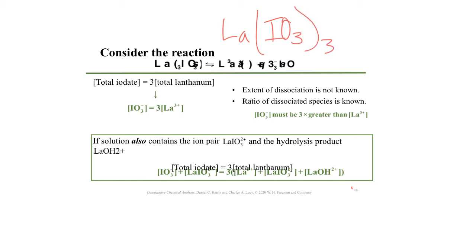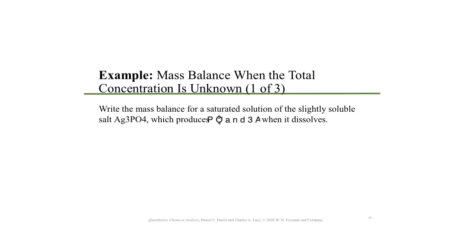Because it's a -1, and the lanthanum is a +3. But the iodate is 3 times the total lanthanum, okay? And so when you consider the solution here, you know, down here, what are the total iodate forms? What are the total lanthanum forms? And so those have to be, the iodate total has to equal 3 times the lanthanum total.